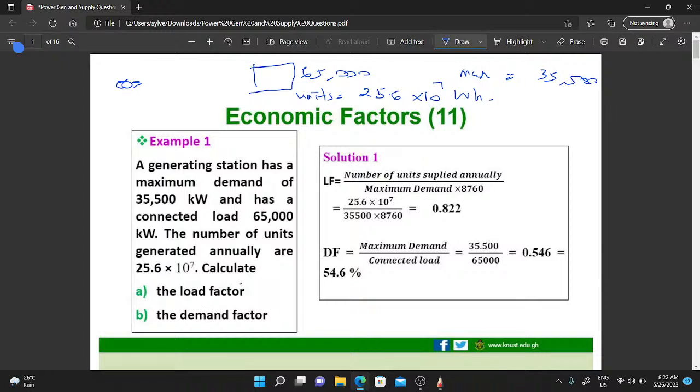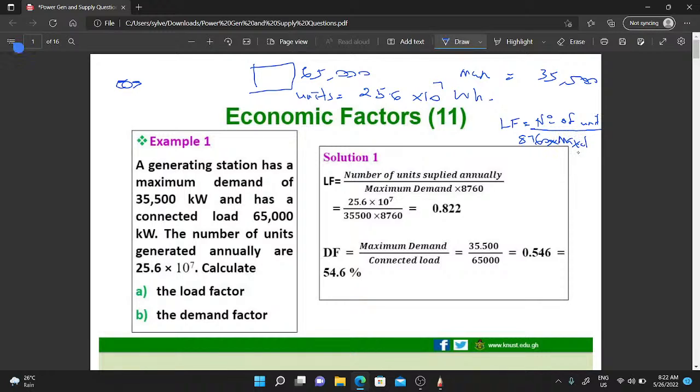So the first question is for us to calculate the load factor. As I said, you must be familiar with the formulas very well, because we know that our annual load factor is given by the number of units generated over 8760 by the maximum demand.